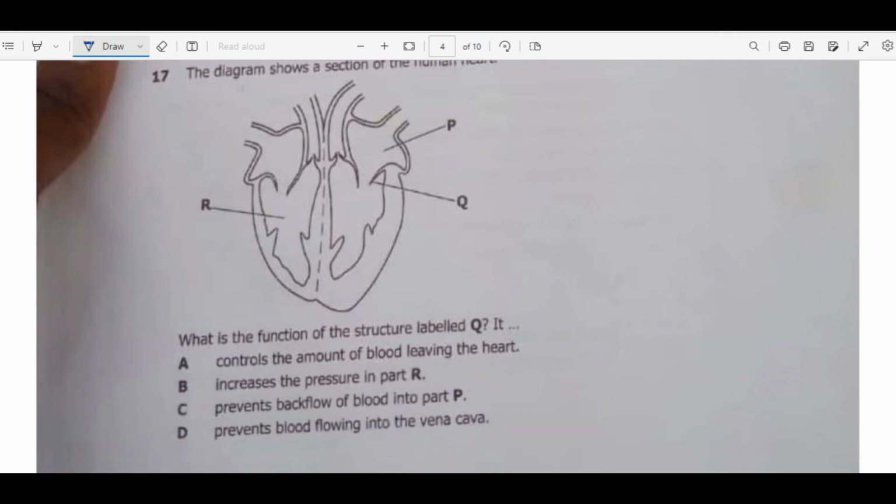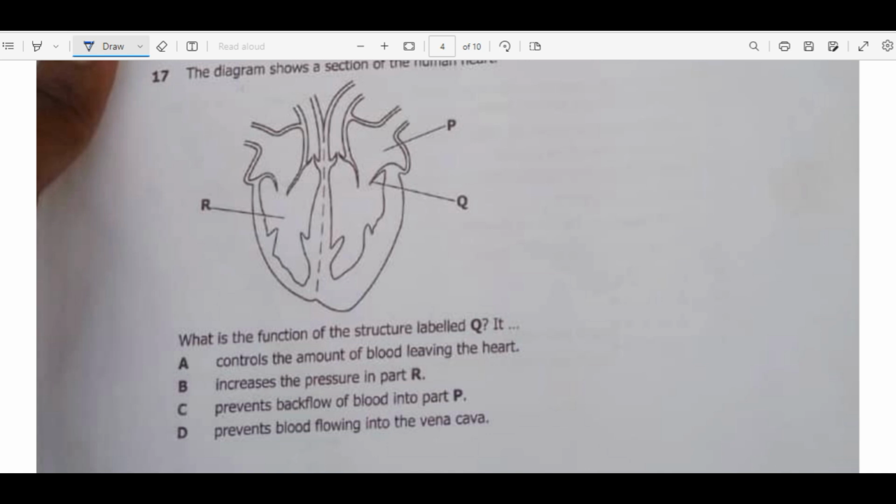17. The diagram shows the section of the human heart. We have these structures. R represents the right ventricle. Q, we have a valve. P, we have the left atrium.